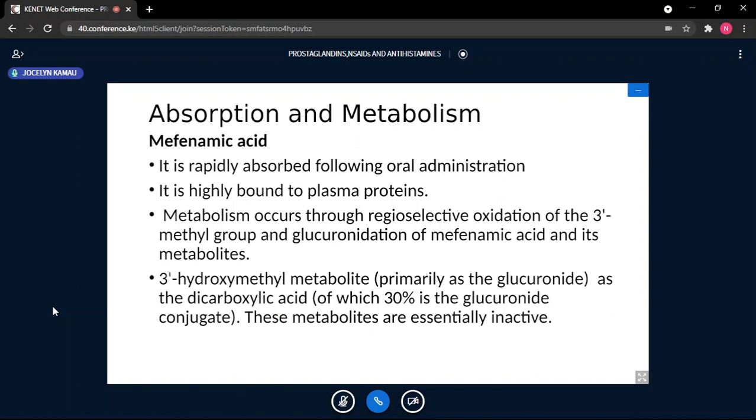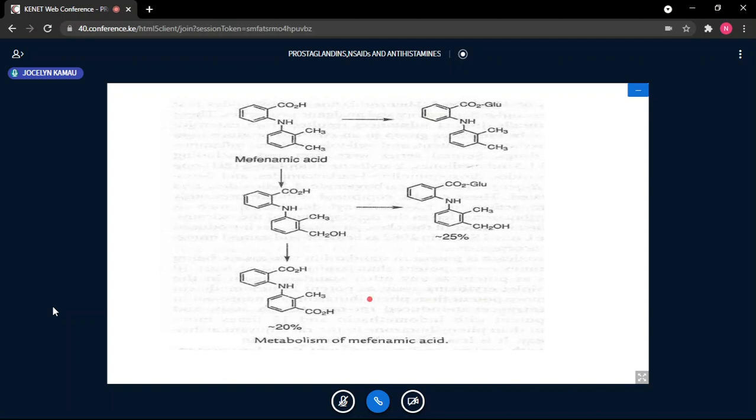So again, looking at oxidation, this is mefenamic acid here, position 1, 2, 3', and we are saying regioselective. This is the group that undergoes oxidation. So it's CH2OH there, and that CH2OH can undergo further oxidation to carboxylic acid.